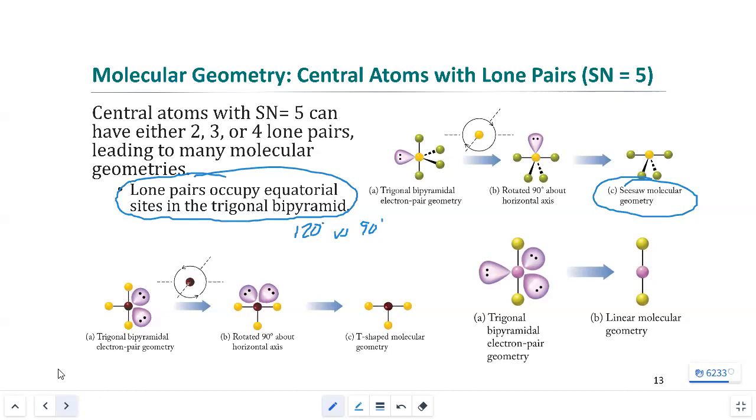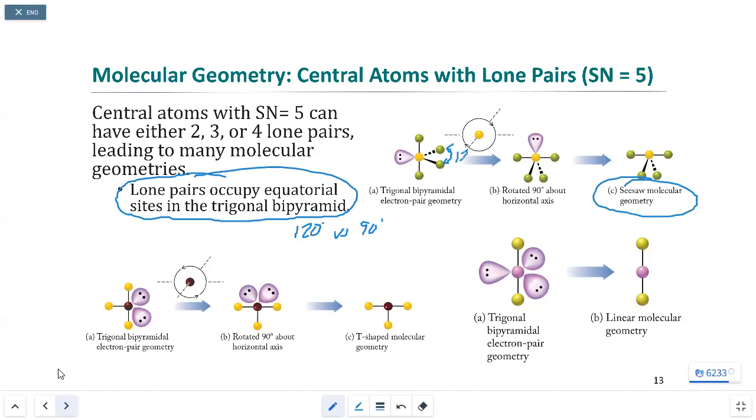those 2 remaining equatorial positions basically become the legs of a teeter-totter. And the axial positions become the teeter-totter itself. So that's where seesaw comes from. The impact of seesaw is 2 things.